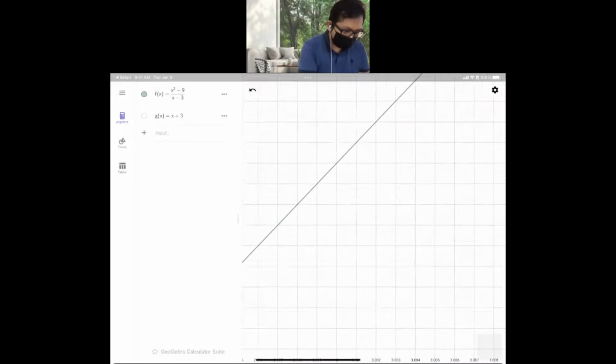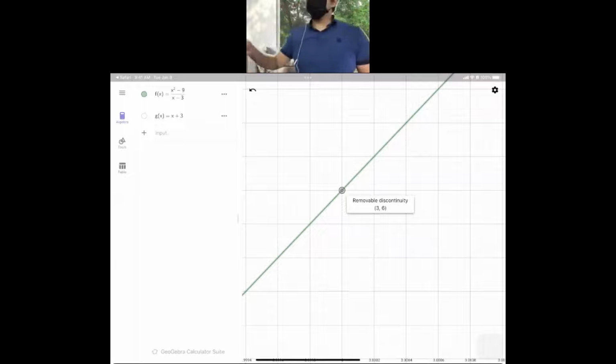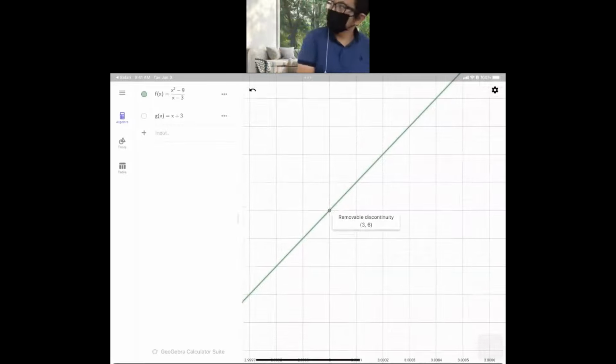But if we take some time to go through it, okay, wait a minute. Yeah, I think they already added this method. So we have a removable discontinuity at (3, 6).